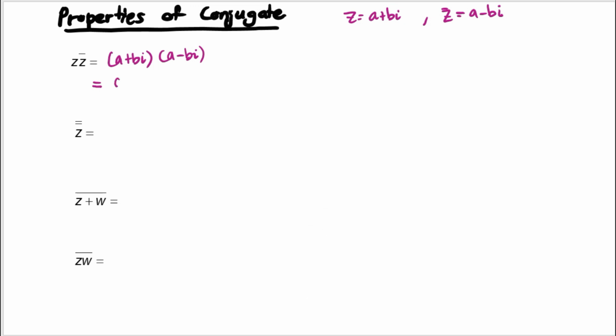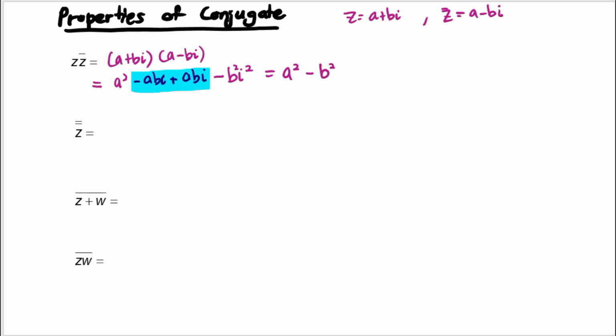We have a square minus abi plus abi, and finally b multiplied with b, so we have negative b square i square. Negative abi plus abi cancel out, so we are left with a square minus b square i square.